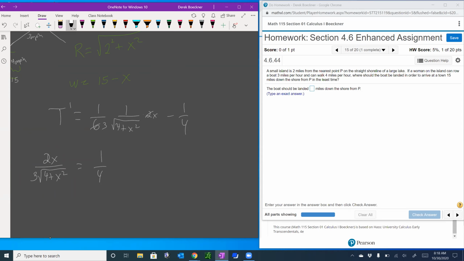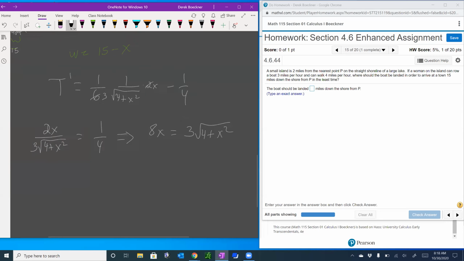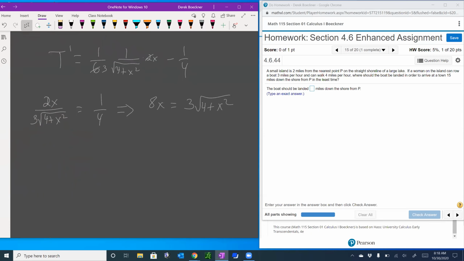We'll cross multiply. 8x equals 3 square root 4 plus x squared. Still trying to solve for this, so I'm going to square both sides. 64x squared equals 9 times 4 plus x squared.